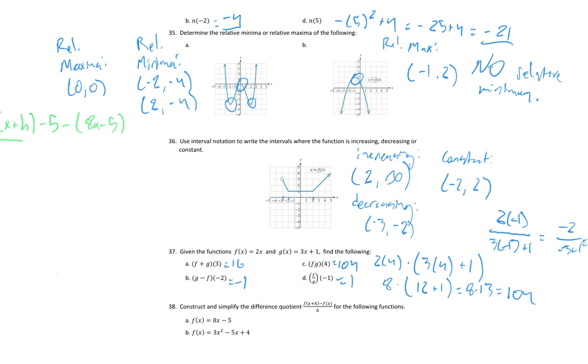Notice I have parentheses. Don't forget parentheses whenever you're subtracting whole functions. And divided by h. Okay. So let's simplify this. So this will be 8x plus 8h minus 5 minus 8x plus 5 all over h.